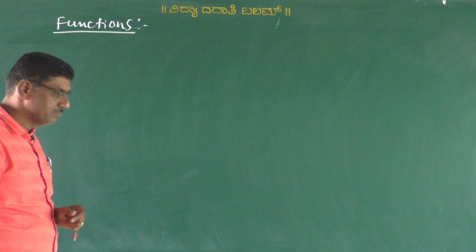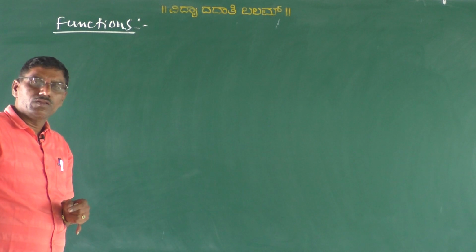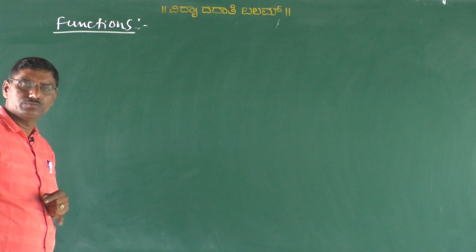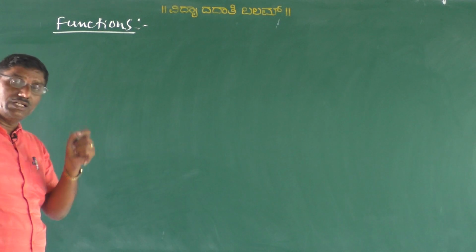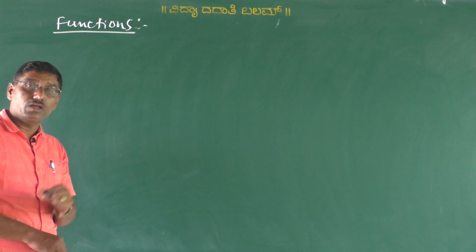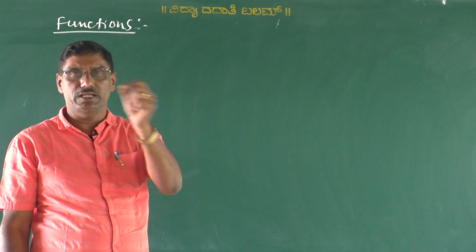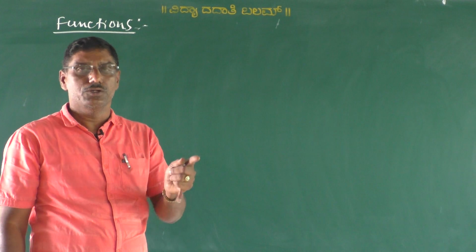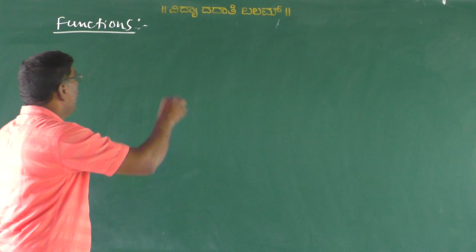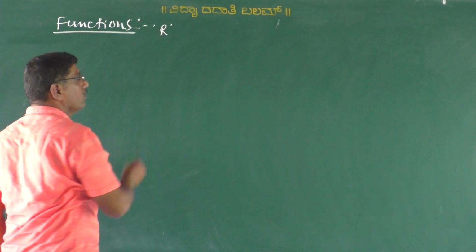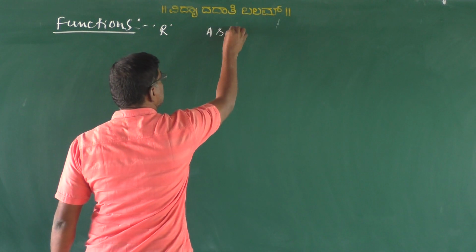How? See here. R be the relation, we know. A relation is said to be a function from a set A to a set B, where A and B are two sets.